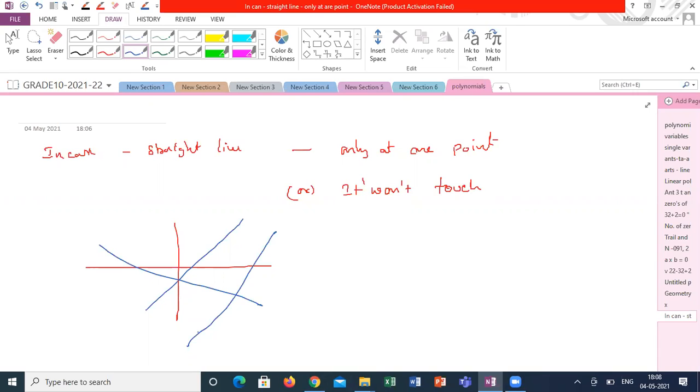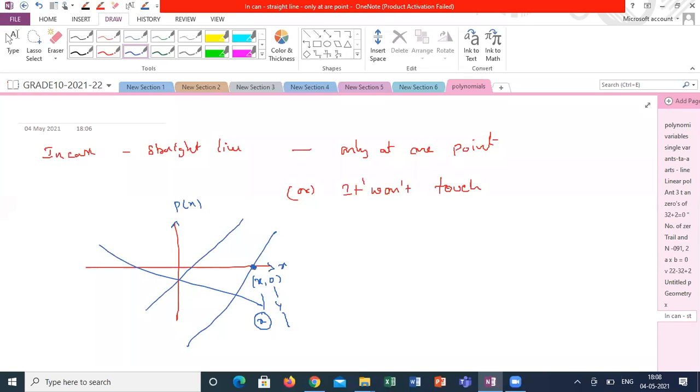No, sir. So they concluded this: where it is touching, the point is some x comma 0. This represents y, this represents the x-axis. So for this particular x value, you are getting y is 0. Your y is p of x, and your x is the x values you are substituting.